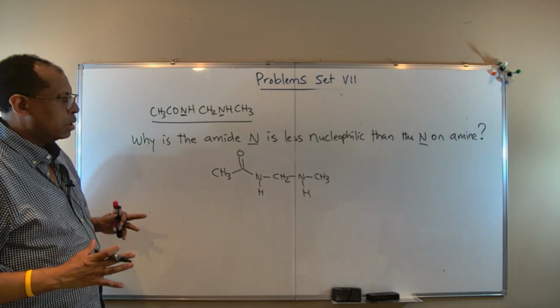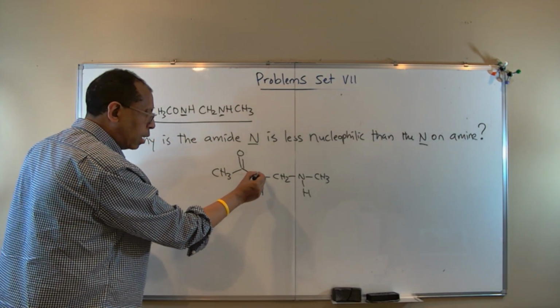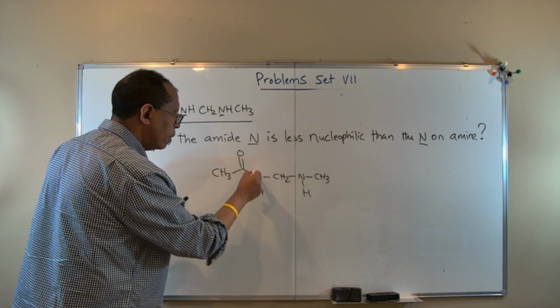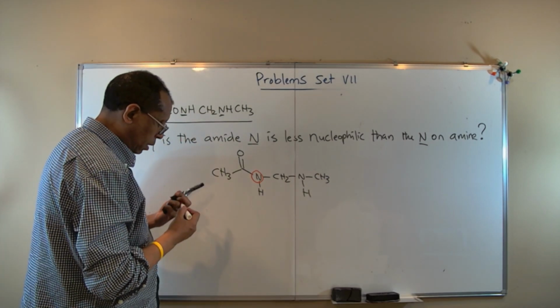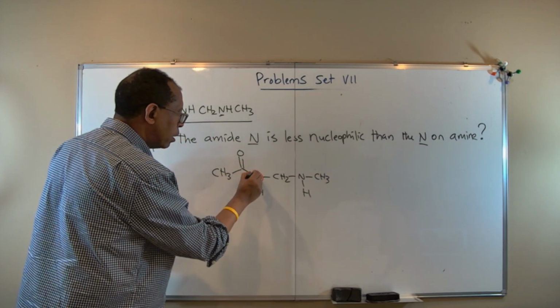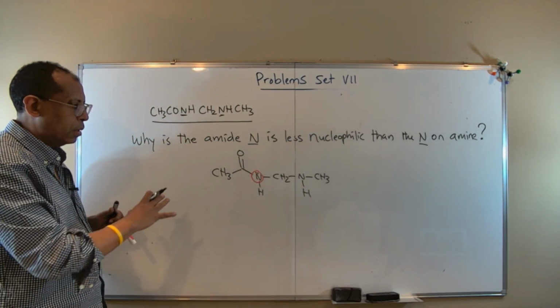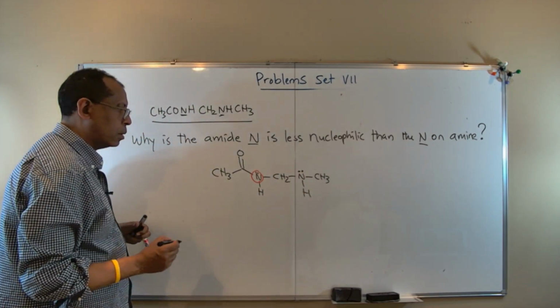So the question is asking why the amide nitrogen, which is this nitrogen, is less nucleophilic. Obviously, nitrogen always has a lone pair of electrons when it's bonded to three groups. This one also has a lone pair of electrons.